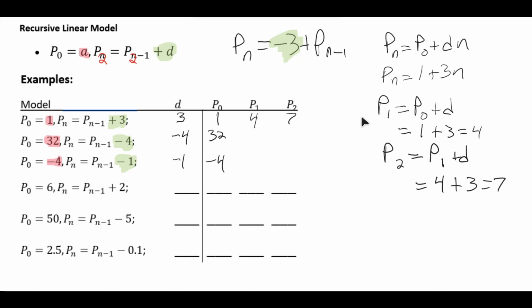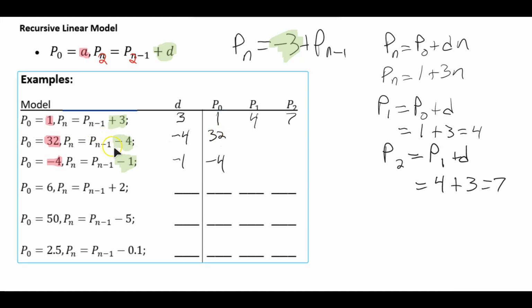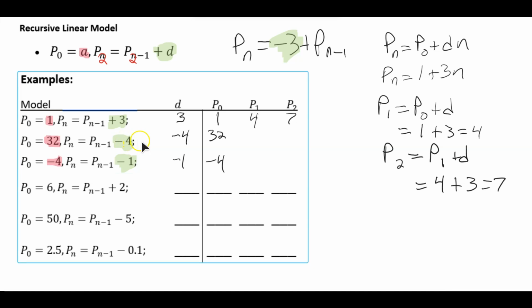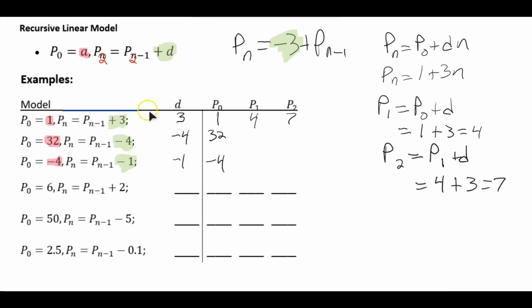Okay. Now for the next example. We know we started off at 32. And this tells us that the D value is negative 4, so we're going to subtract 4 to get to the next term. So if we just subtract 4 from 32, we will get 28.